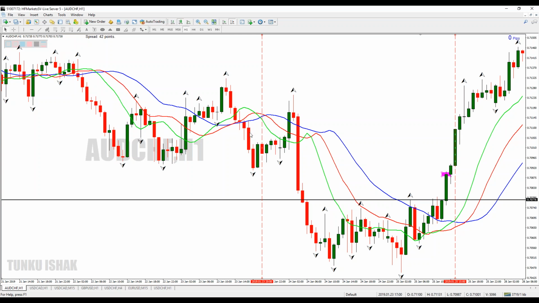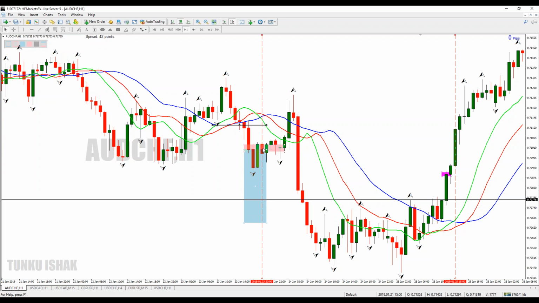So during that time, this is the candle. You can see it already breaks the structure of the fractal here. So what happened? We entry here. Entry sell. At here.